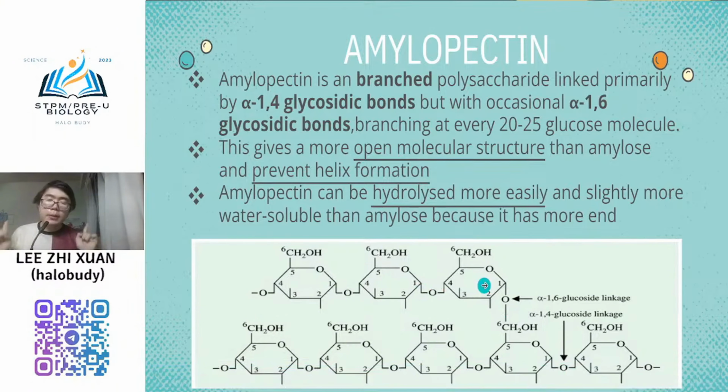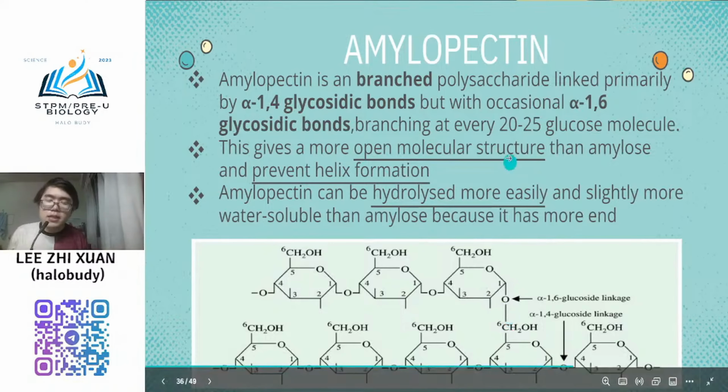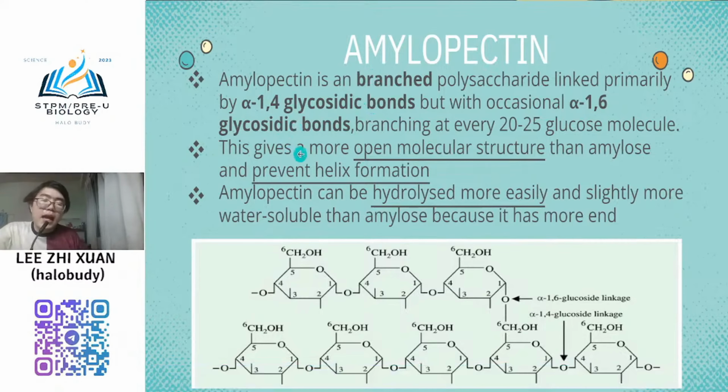Carbon 1 and carbon 4 only form amylose. Carbon 1 and carbon 6 will form amylopectin, which is branched. So this gives a more open molecular structure and prevents helix formation. Also, amylopectin can be hydrolyzed more easily and is slightly more water soluble compared to amylose.